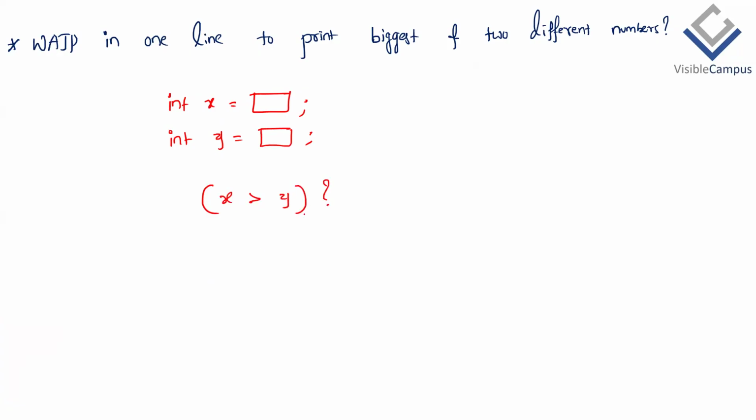question mark. If this is true, what's the conclusion? X is greater. Then in place of expression 1, I'm going to write System.out.println x is bigger. X is a variable and bigger is a statement which I'm adding to that. This is expression 1. Then if this is false, which is bigger?